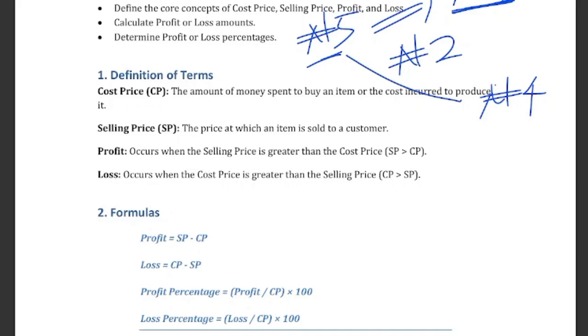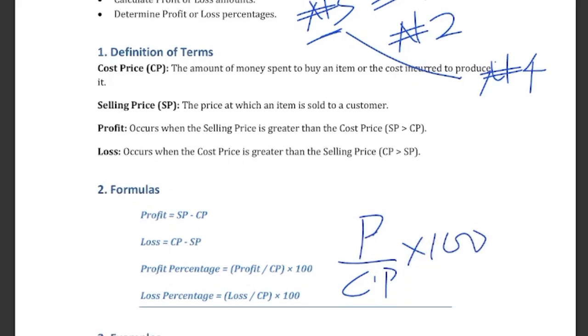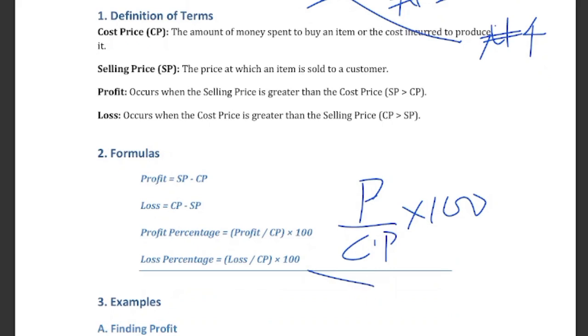That means the profit divided by the cost price multiplied by 100. That is the profit percentage. So the loss percentage is loss divided by cost price multiplied by 100. You can see that we are making use of the cost price because that is the initial money. So please don't use selling price. You use the cost price.